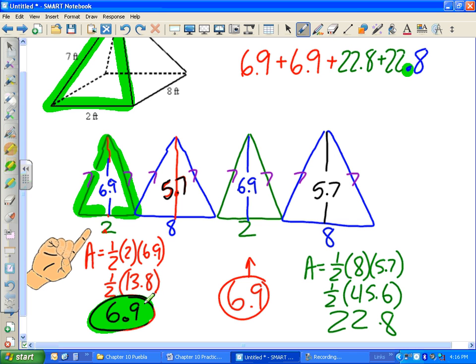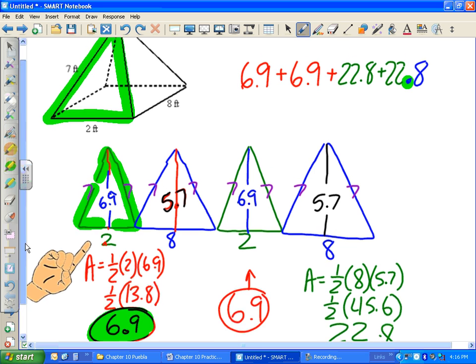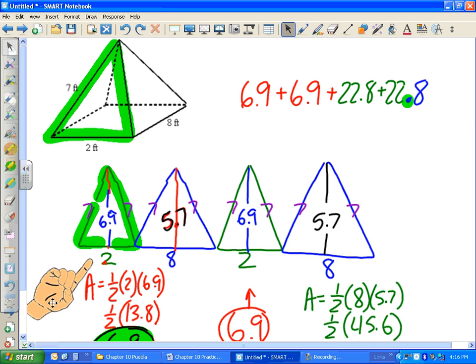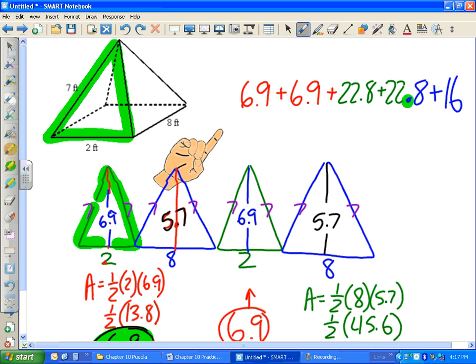Right, so I got the 4 triangles. That's all done, finally. So I got this one, that one, that one, that one. I got all 4. 2 that are 6.9 and 2 that are 22.8. And I only need to add one more side, this bottom part. 2 times 8, because that's the rectangle that's on the bottom. 2 times 8 is 16.